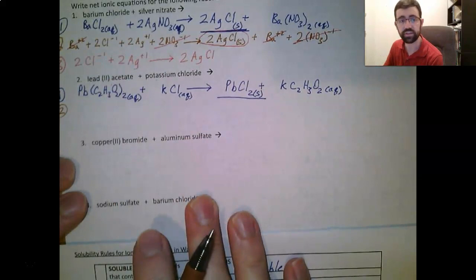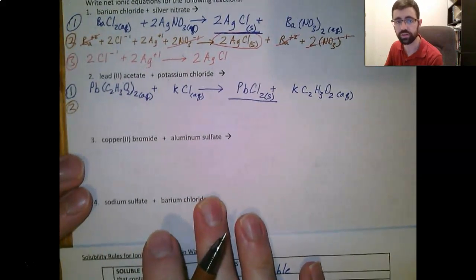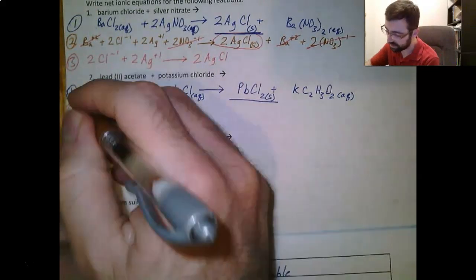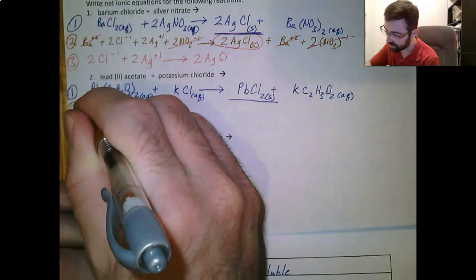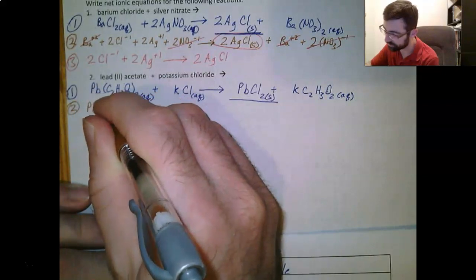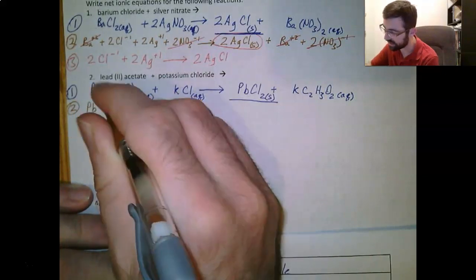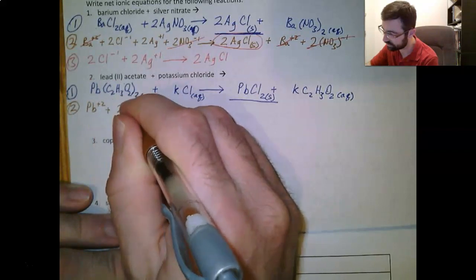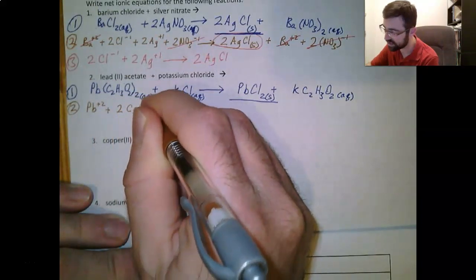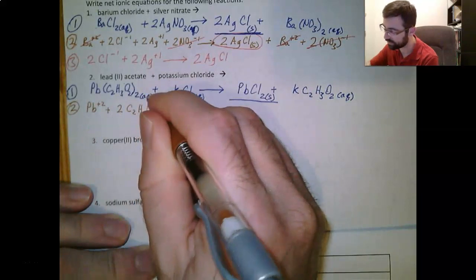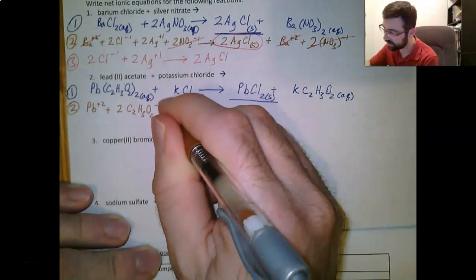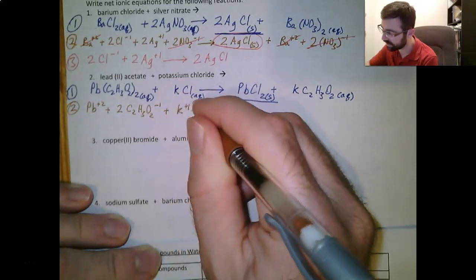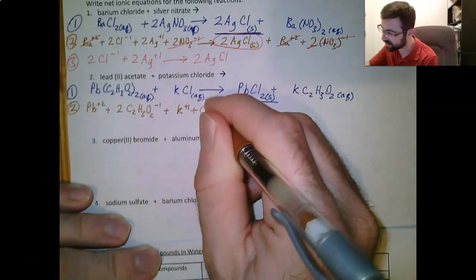Want to break everything that's aqueous up. The only thing that stays together is the solid, so if it's aqueous, it breaks up. Pb has a +2 charge, and I've got 2 acetates. Each of them has a -1 charge. K has a +1 charge, and Cl has a -1 charge.